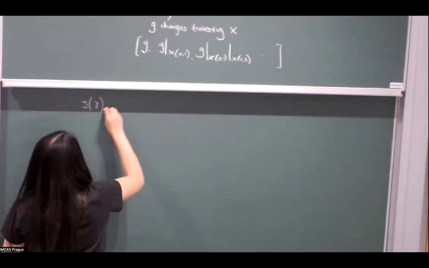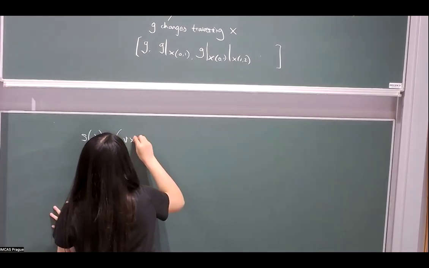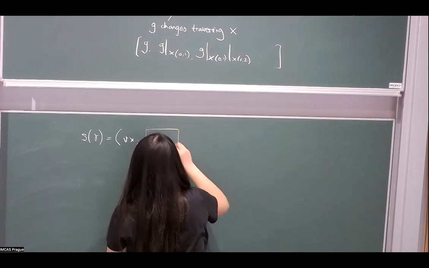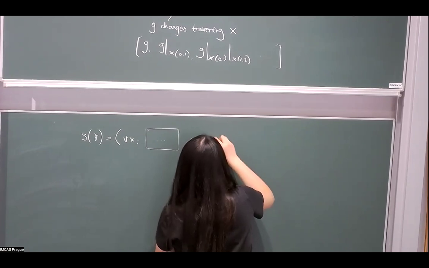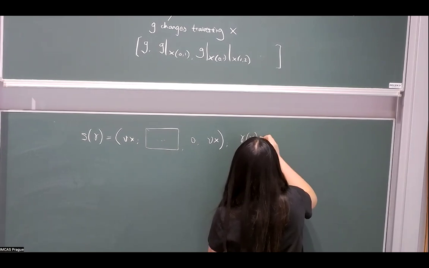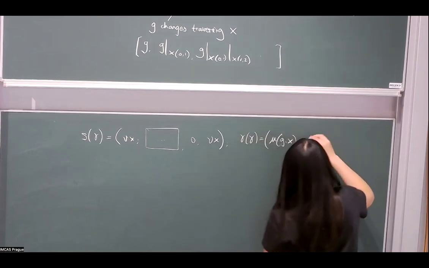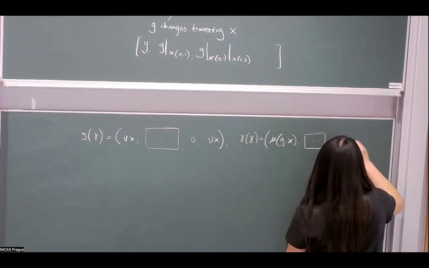So the source of gamma will just be mu x, with trivial data in this dot dot part, 0, and then mu x. And the range of gamma is very similar. You just have mu g dot x, trivial dot dot data, 0, and mu g dot x.